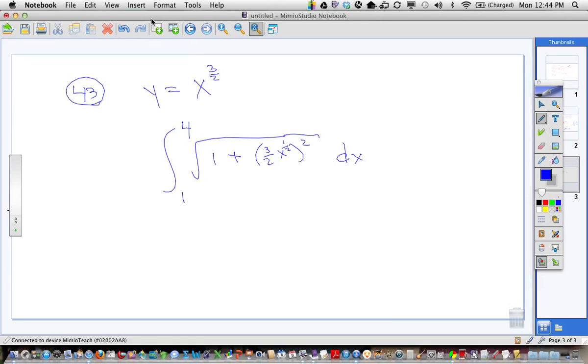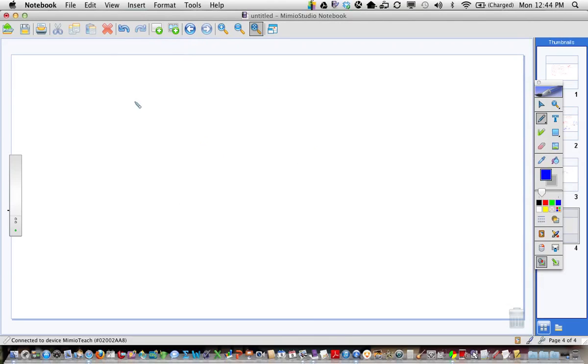All right, let's move to number 9. Number 9 was talking about this integral from 0 to 3 of 5t squared minus 20t plus 50 dt, and I'm guessing some of you probably typed that in your calculator.